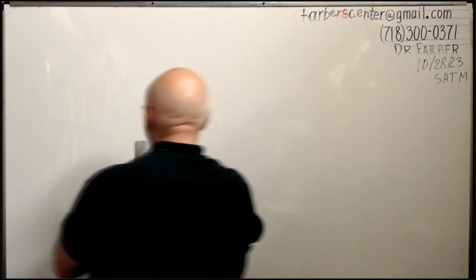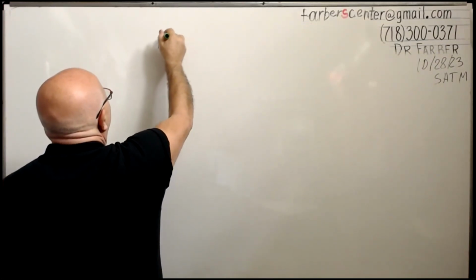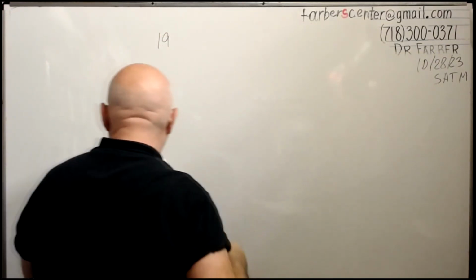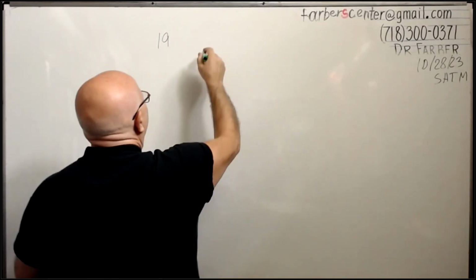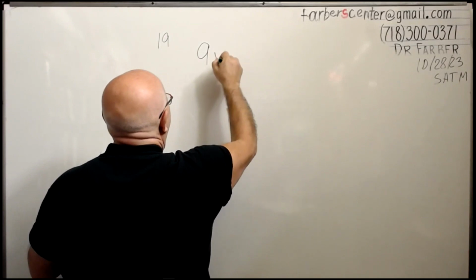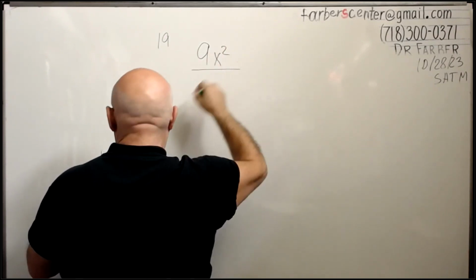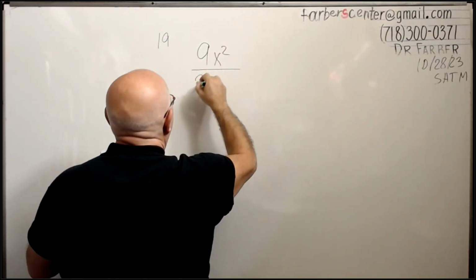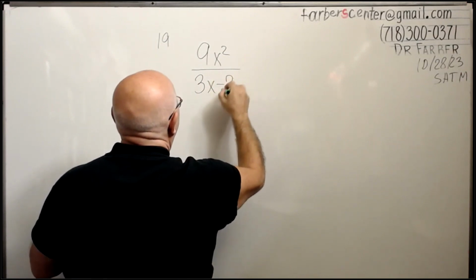In 19, nine x to the second divided by 3x minus 2.